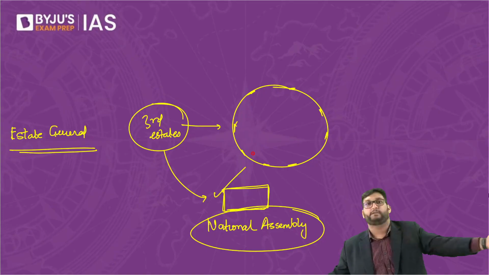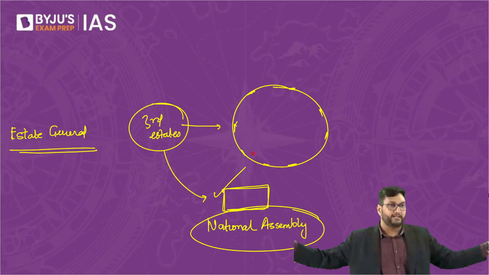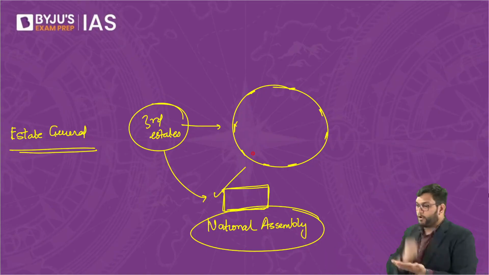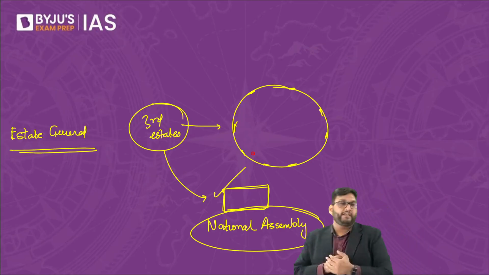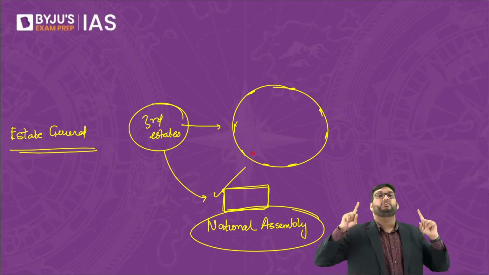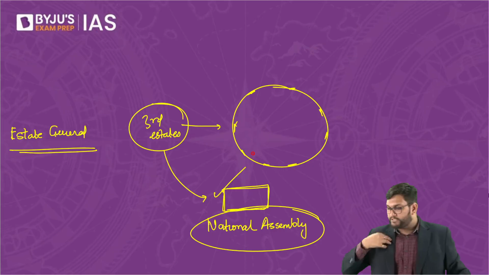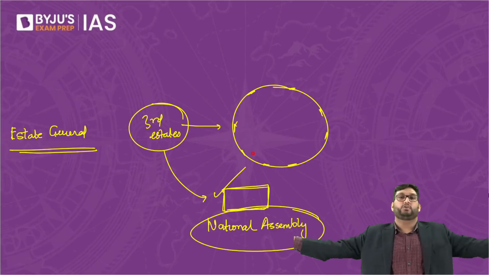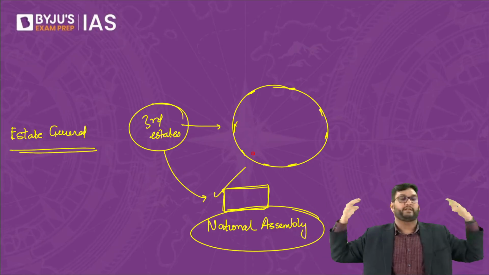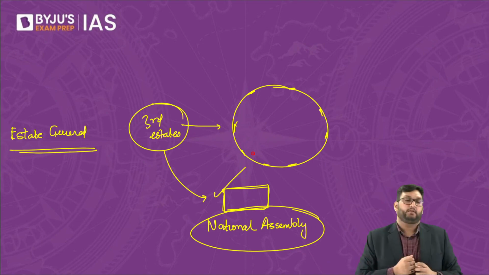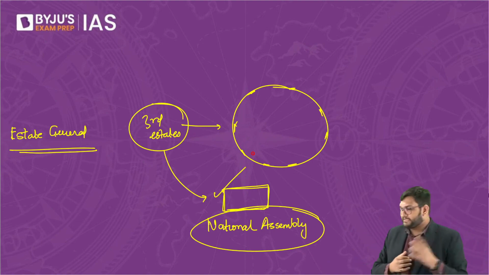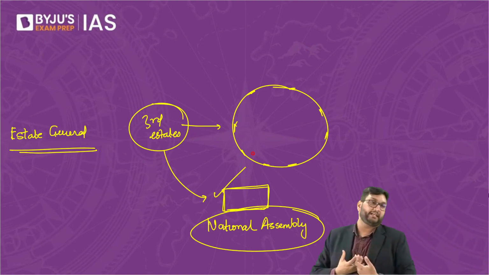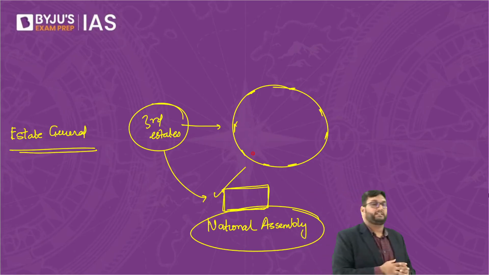Now the French Revolution has begun. The Third Estate has rebelled, and now it is saying we want a new constitution. We, as the National Assembly, will write the new constitution of France, and now France will become a democracy. The First and Second Estate realized that they had made a mistake. They will go towards the National Assembly.